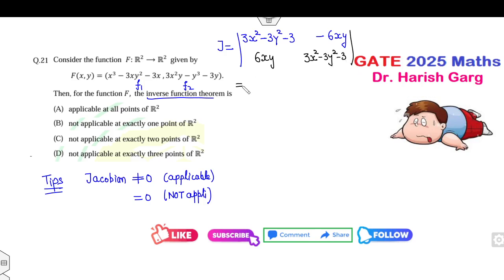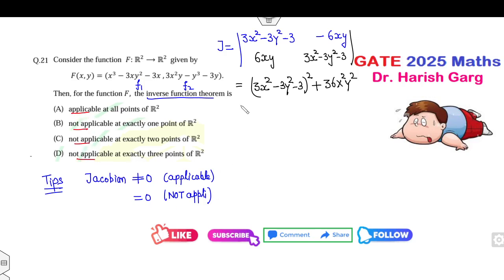Fine. Now can you solve this? It will be 3x square minus 3y square minus 3 whole square plus 36x square y square.